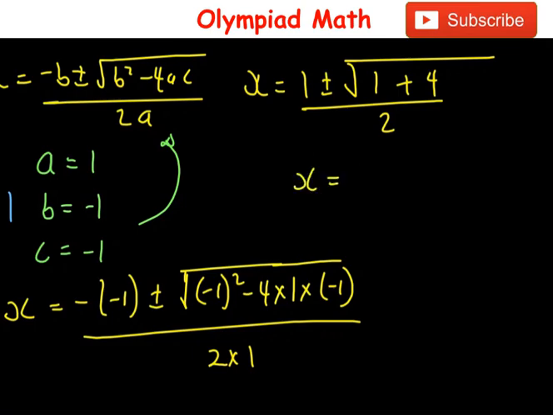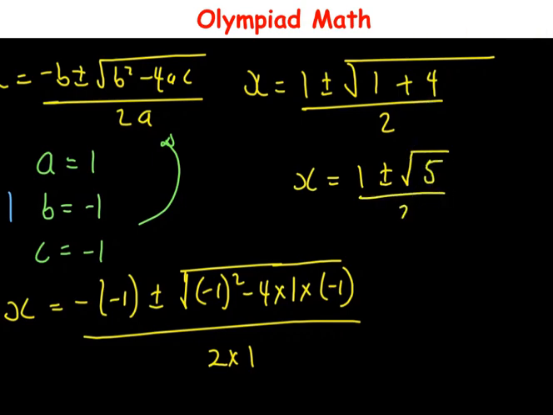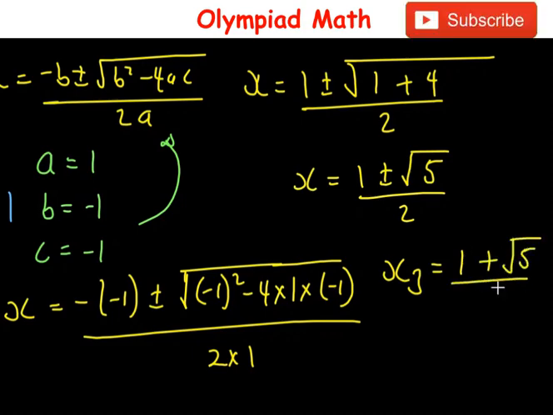So x is equal to 1 plus or minus square root of 1 plus 4, which is 5, divided by 2. And from here, we have the third solution of x as 1 plus root 5 over 2, and the fourth solution of x as 1 minus root 5 over 2.